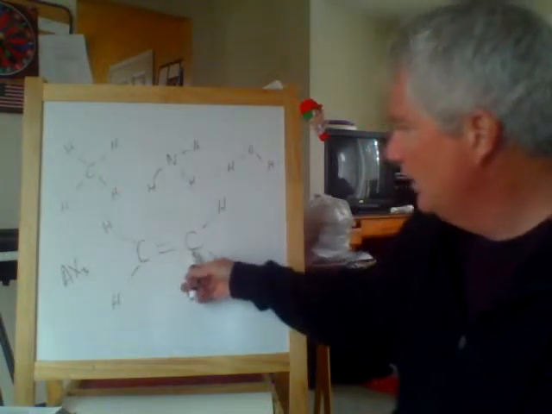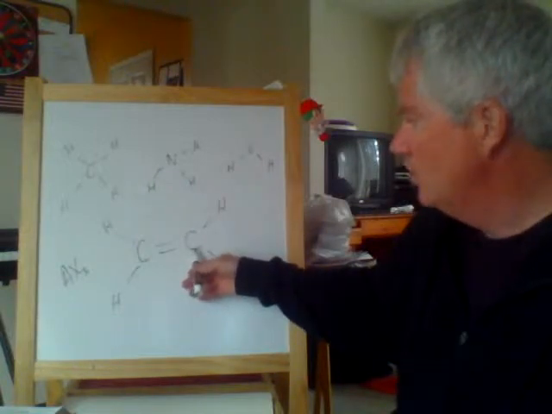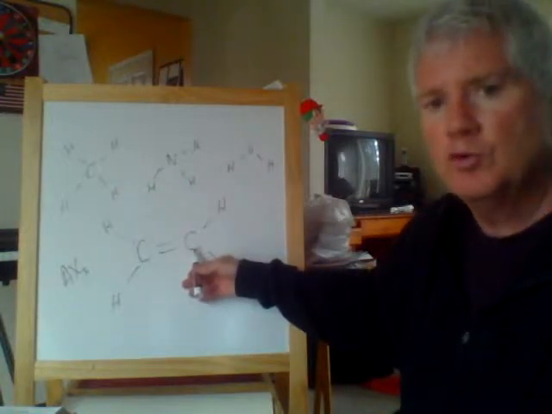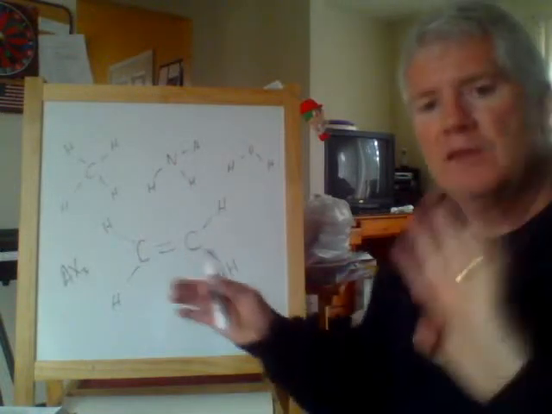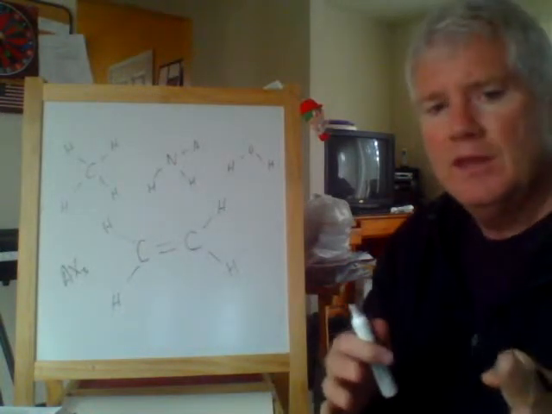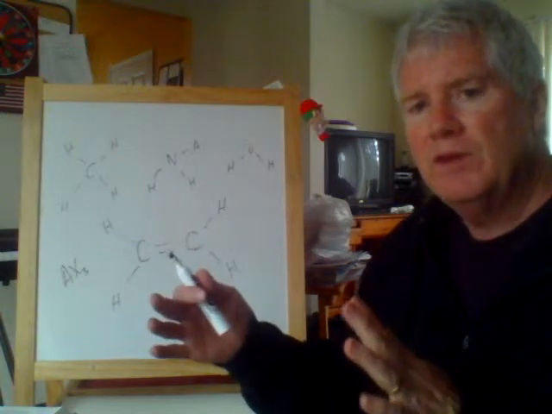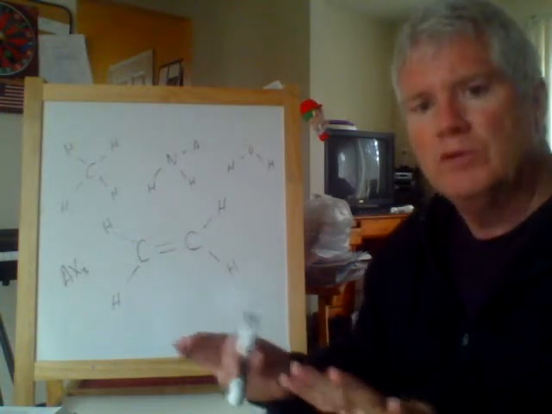Okay, similarly, the shape with respect to this carbon atom over here is also trigonal planar. This is all VSEPR theory, but you'll see that the VB theory that's based on orbitals will agree with this as well.